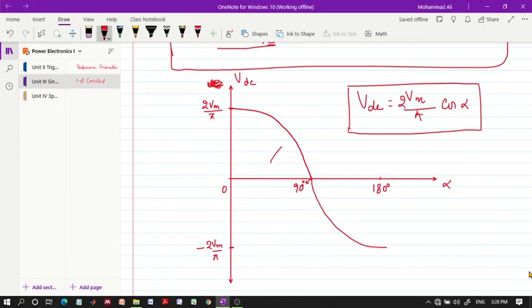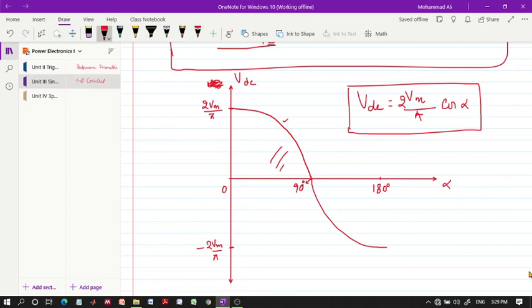So in this zone, what will happen? The power flow will be positive because the average voltage is positive and the current is positive. So overall the power will be transferred from the source to the load. There will be some duration in which the power will be transferred from the load to the source, but that duration will be small.